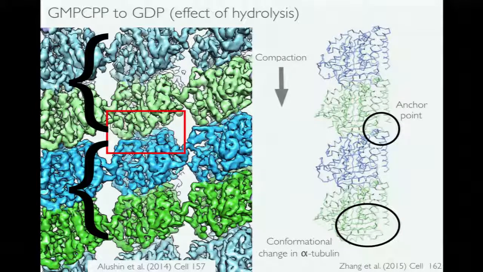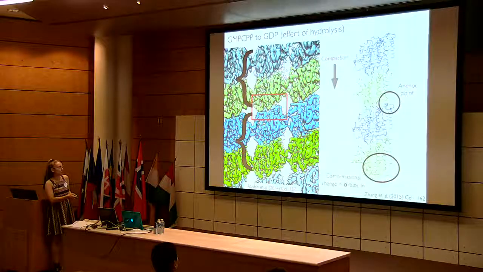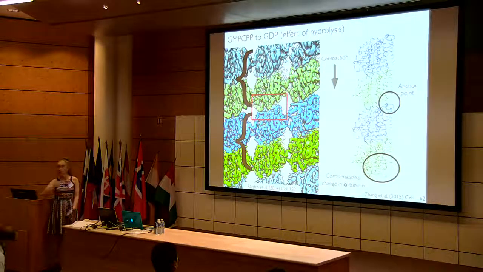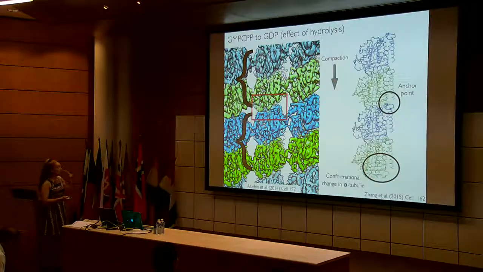Okay, so our proposal is that this is generating a strain where the alpha subunit is in a state that is like a spring that you have pressed on and that really wants to be released. But of course, the other thing that can be affected by nucleotide state, the more obvious you would think, are lateral contacts.